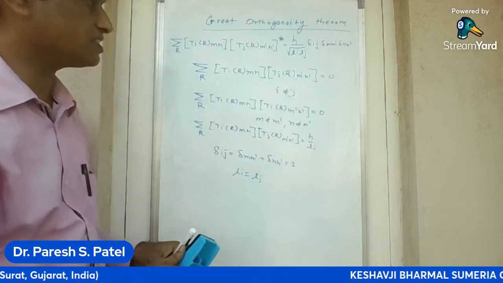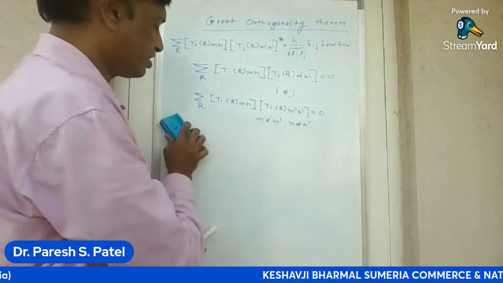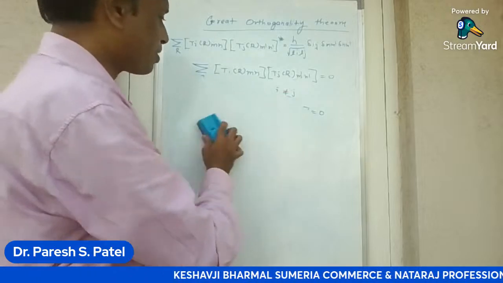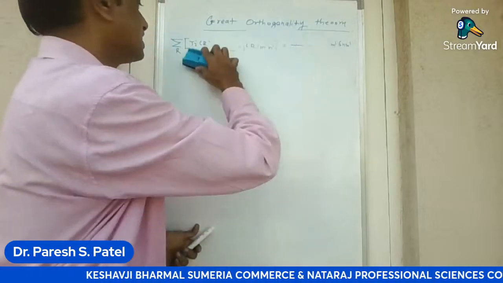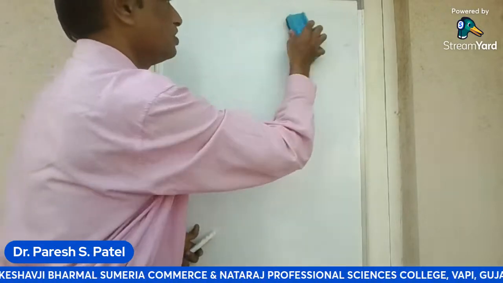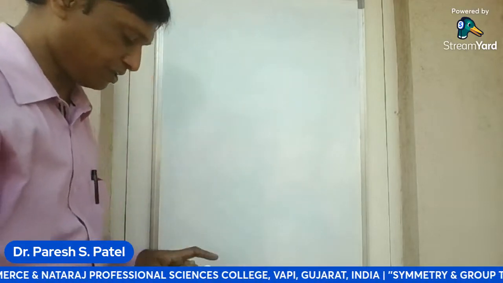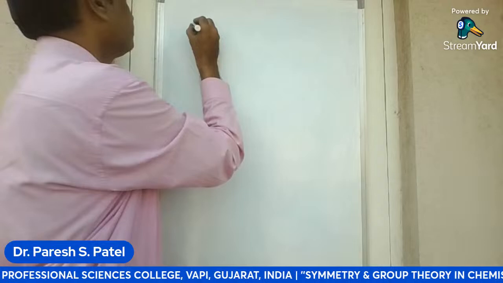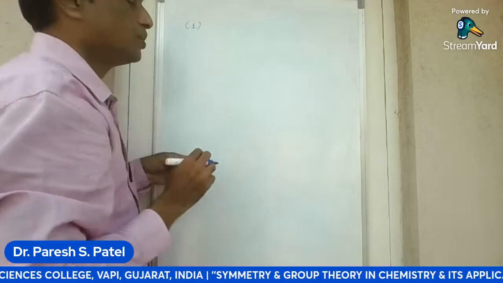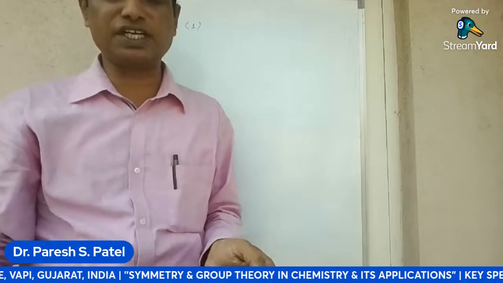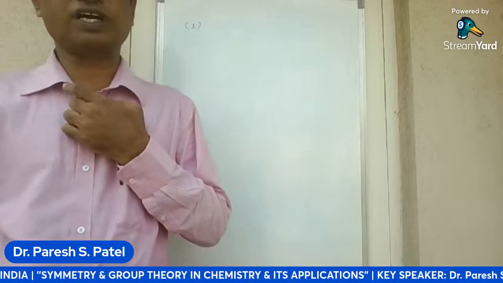Now, the consequences of the great orthogonal theorem, or we can say five properties of irreducible representations from the great orthogonal theorem. So first one, the number of irreducible representations is equal to the number of classes.